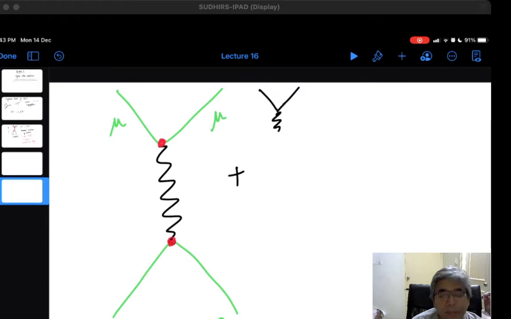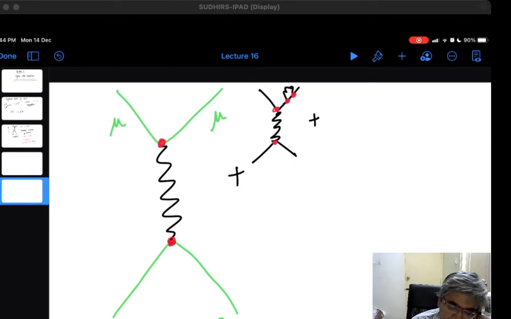Say, at the initial state or at the final state, you can have an electron where a photon is radiated and comes back to itself. So this is a vertex here, here, here, here. So this is e, e, e, e. So this is 4 vertices.